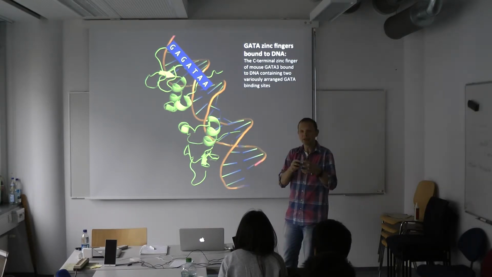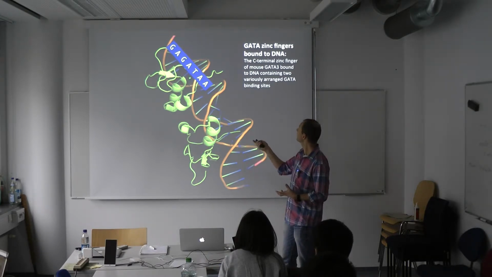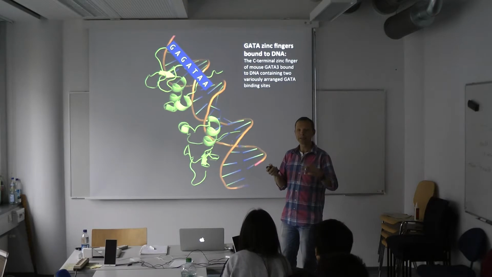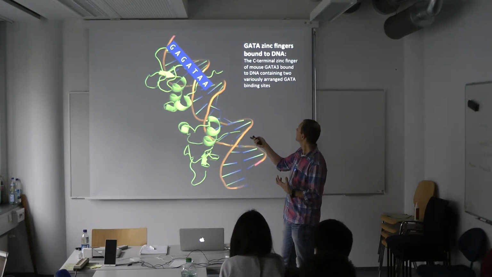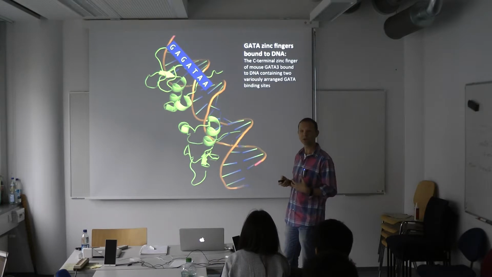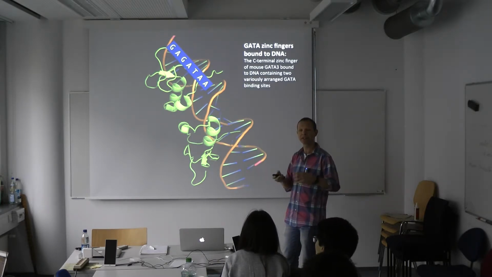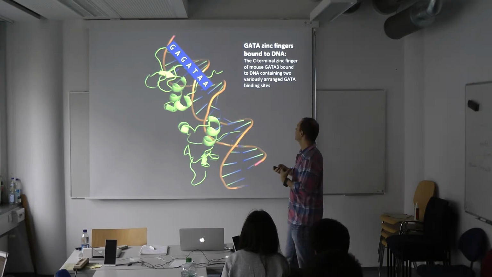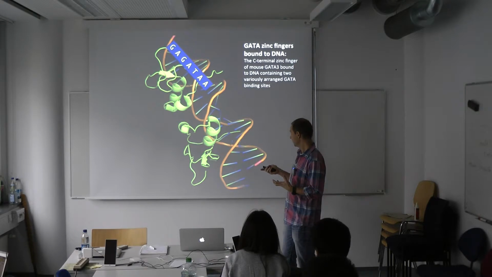We need many of these structures in order to generalize, because if you only look for that particular sequence, we might not understand that it doesn't really care about what letter we see there, or perhaps this one here can be changed to a T without any concern to the transcription factor. So we need many more examples to understand the degenerate nature of these binding motifs.